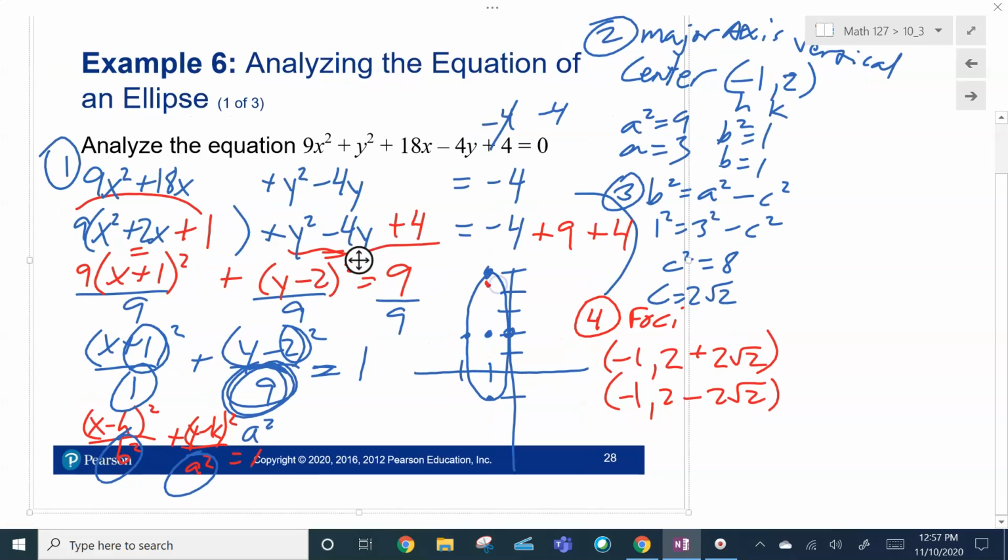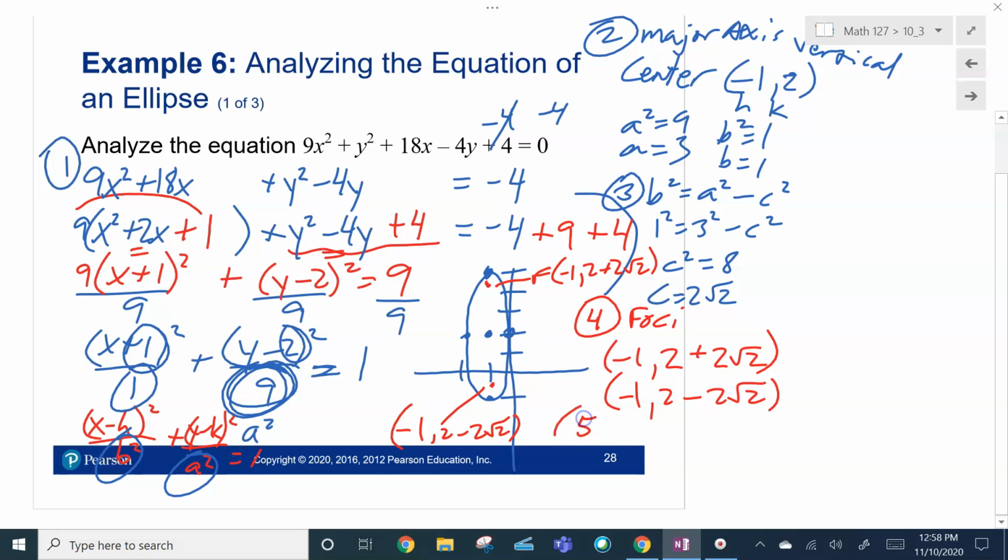That's where one of the foci is: -1, about 4.8, in other words, 2 plus 2 root 2. The other one's down here: -1, 2 minus 2 root 2, in other words, -1 comma -0.8 kind of thing. So that's where my foci are.